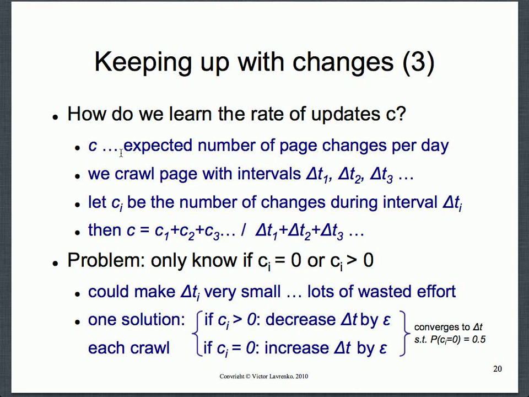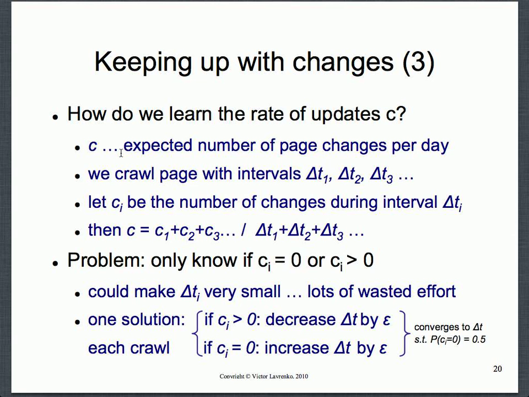So now, if it is a Poisson process, it's actually pretty easy to estimate C. What you need to do is you need to sample things and just count how many times the page was changed. So suppose I crawled the page at intervals delta t1, delta t2, delta t3, right? And during each one of those intervals, Ci was the number of changes during the interval, right?